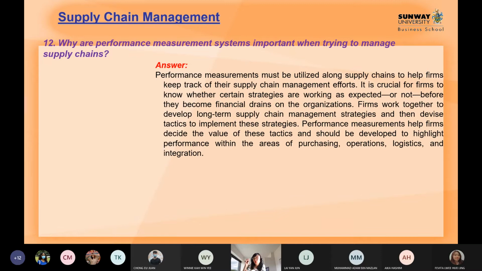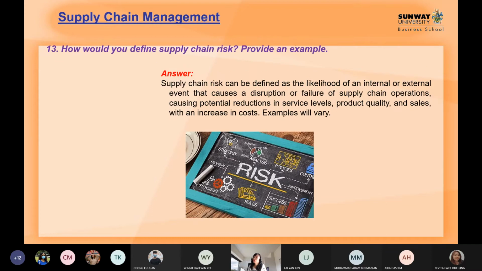You need to closely monitor your supplier. Otherwise, your customer service will become worse. And those bad tactics, you never know your supplier. Don't know what they play at the back. Okay, how do you want to define a supply chain risk?